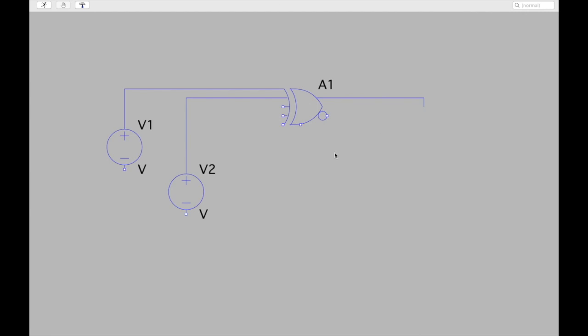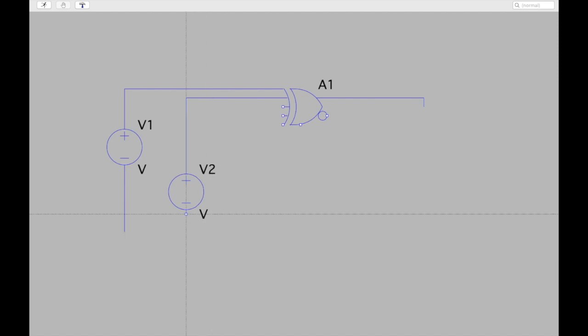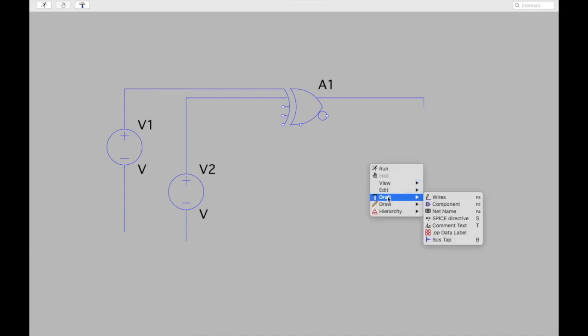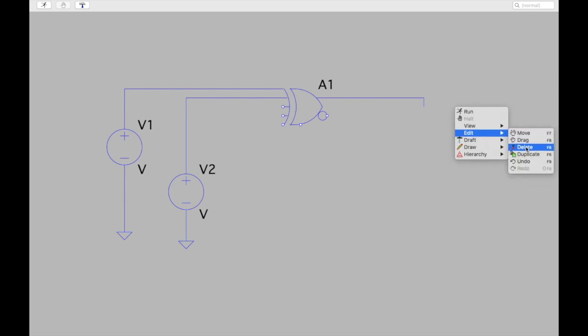Escape. If you want to disable any command, you can just press Escape. So again, Draft, Wire. Now I need to put a ground here, and of course I need to put an output port here. So Draft, Net, and we can use a ground here. I use a ground here as well as here, and for the output, maybe Edit, Delete.